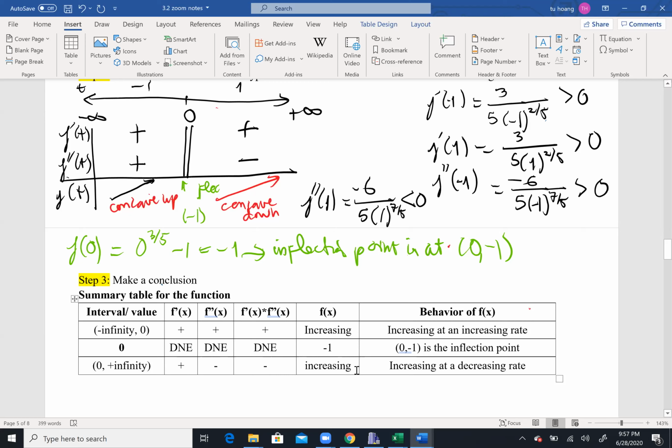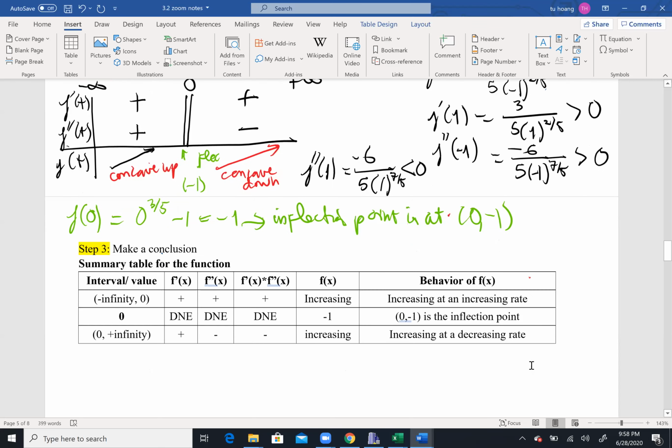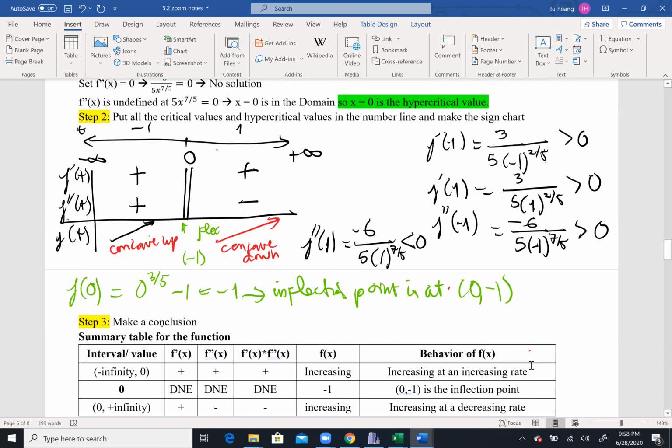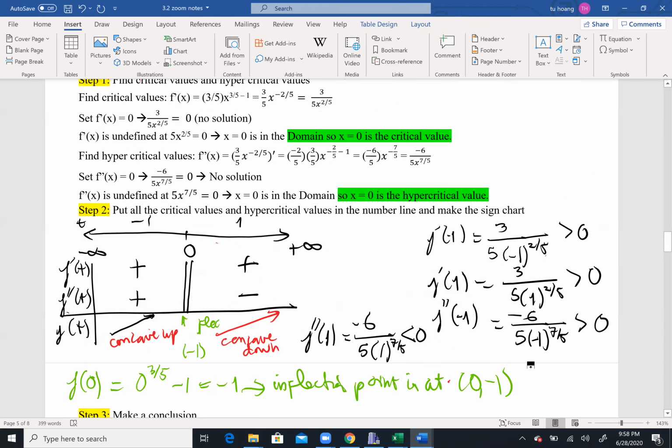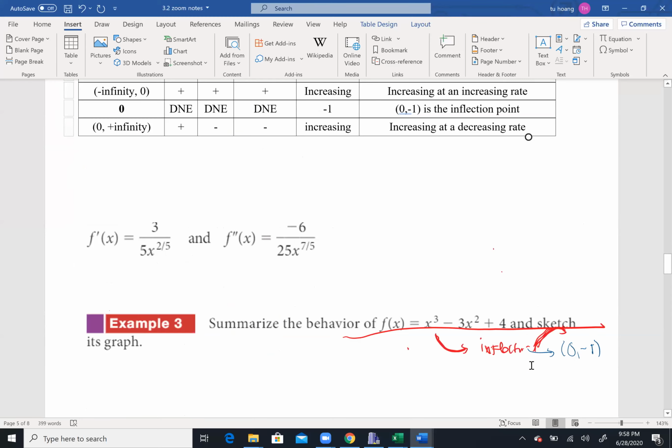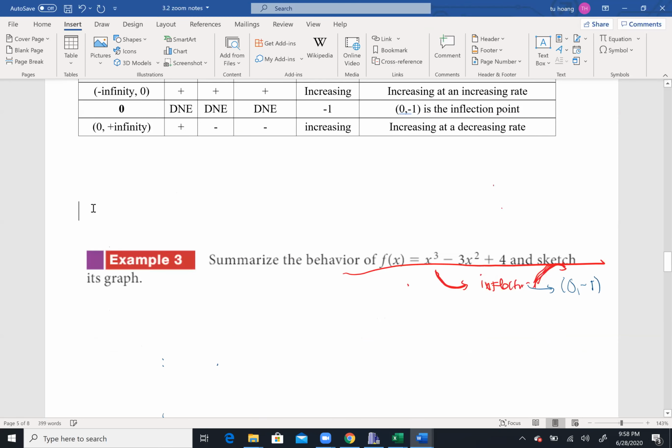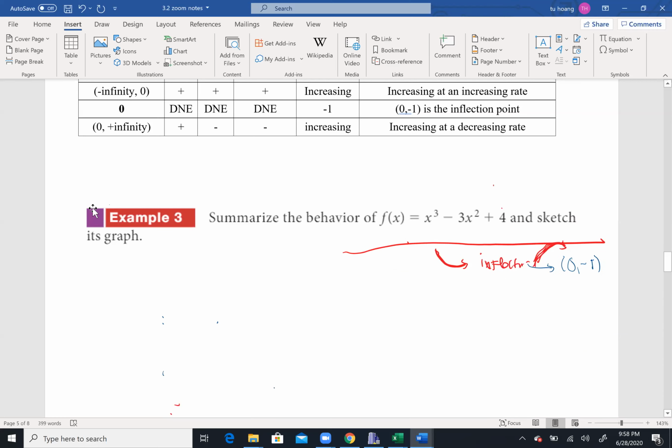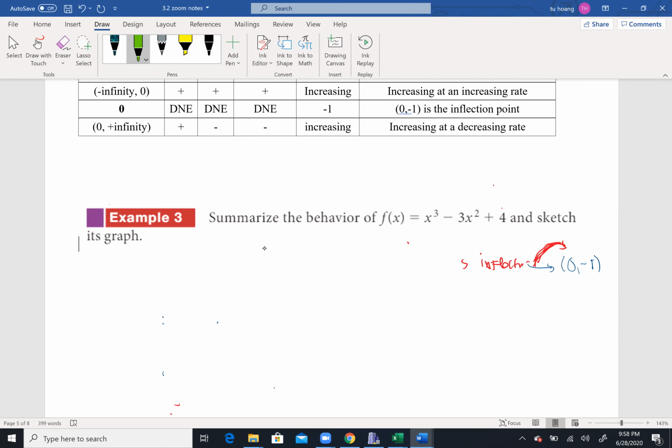And I'm gonna say f(x) is increasing and behavior is increasing at a decreasing rate. Okay, so that's it for this problem, right? Okay, so now this one is clean up. Okay, what is this here? Clean this up.